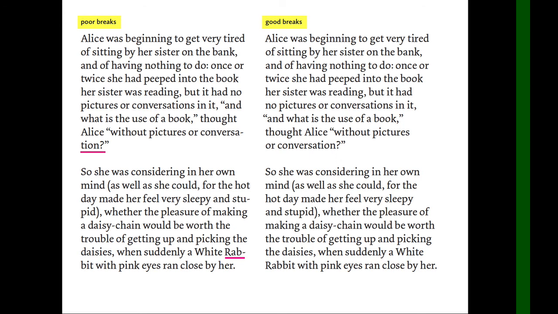Then I brought down the word "and what is the use of a book," then brought down the word "thought Alice, without pictures, or conversation." All right, so the way that we fixed this widow is to bring down another word and have two whole words in our last line.